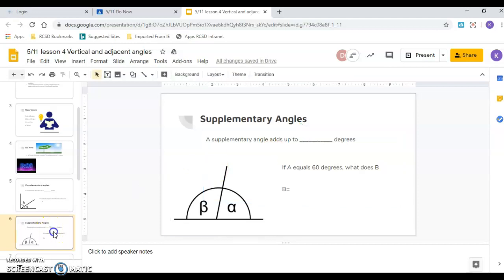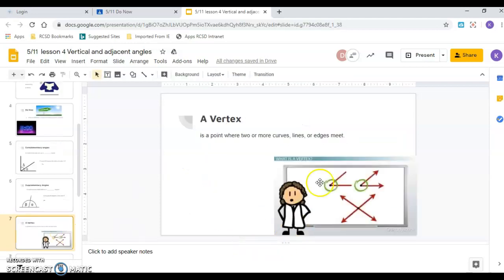Moving on to our next one, a vertex, another important vocabulary word. A vertex is a point where two or more curves, lines, or edges meet. Right here, you see this angle, that black dot they circled in green here, that is a vertex. Here's another one. These are two line segments because they end.